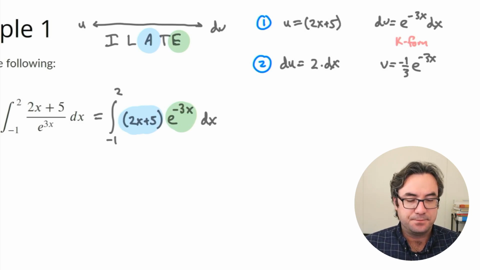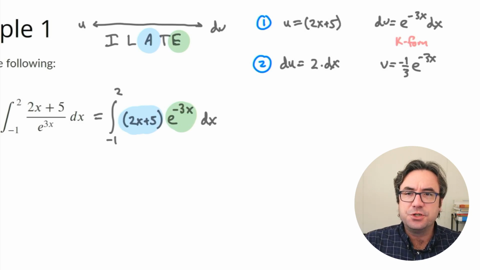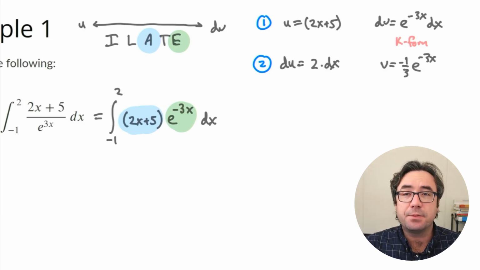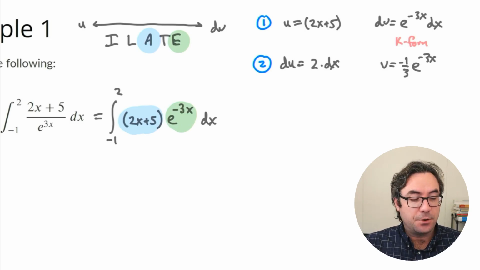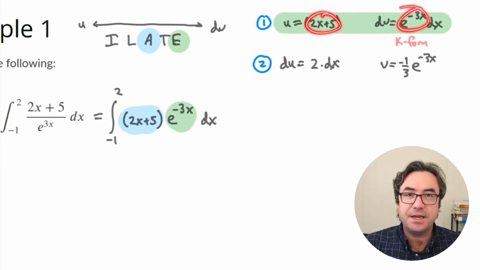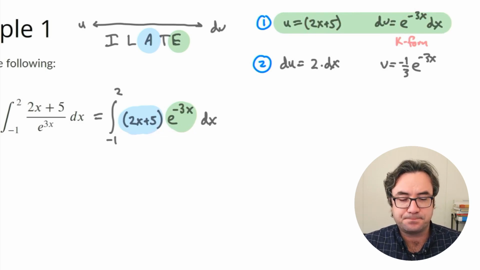All right, so that's our first two steps. We've got all the ingredients now. Now we want to actually apply the formula. Our integration by parts formula says if we multiply along the top, the 2x plus 5 with that e to the negative 3x, that's the original function we're trying to integrate.